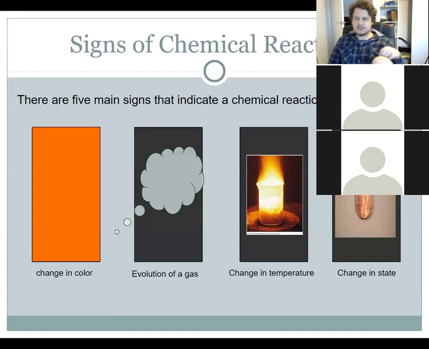So, some other examples. Burning wood is an example of a chemical change. You take the wood, you mix it with oxygen in the atmosphere, you get a flame.